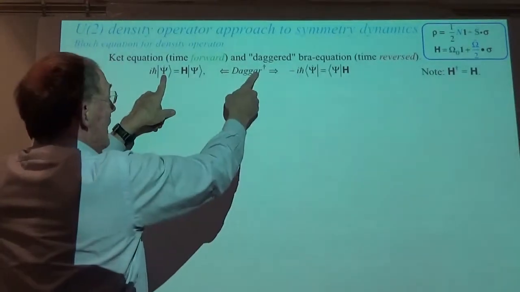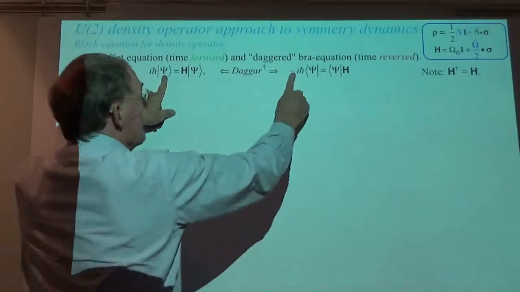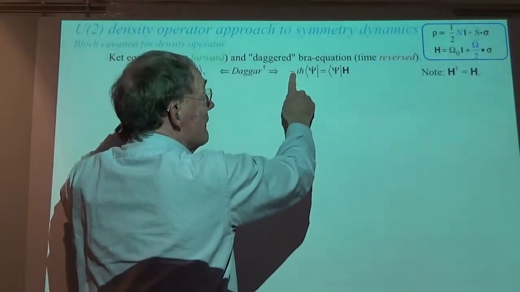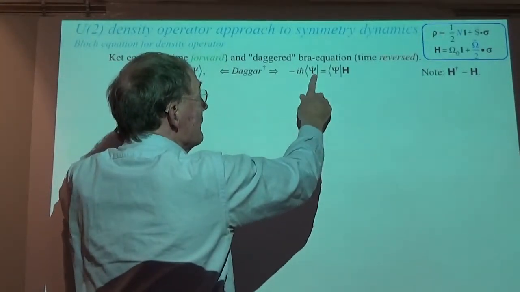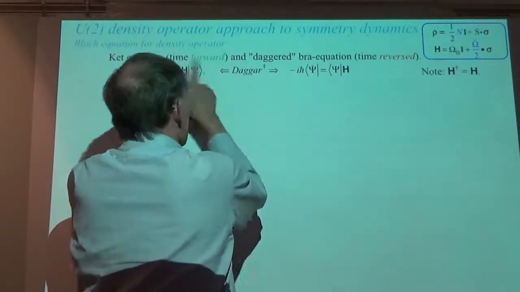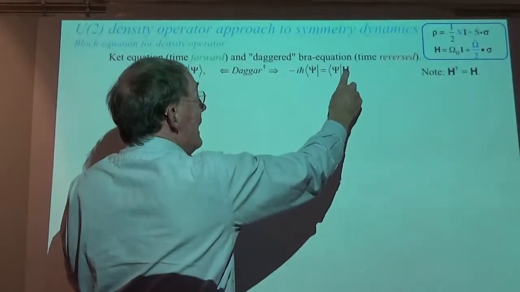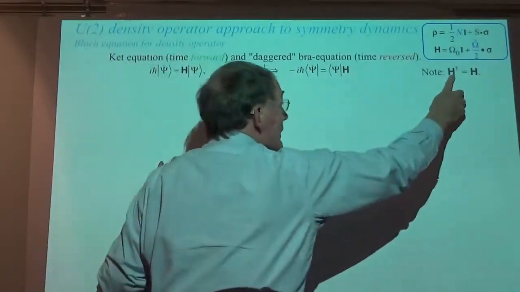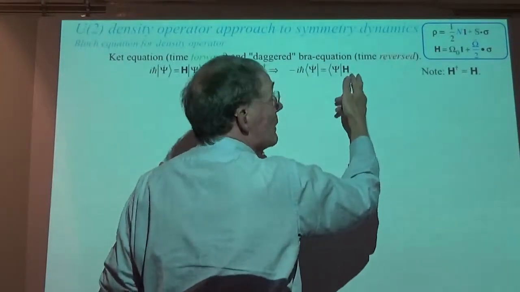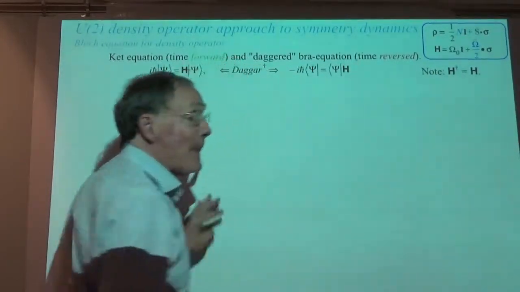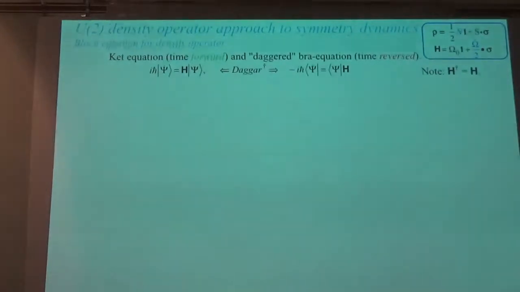And we're going to dagger that. If we dagger it, of course, we got to put a minus sign here. And we got to turn this guy around. Okay? And we got to turn those two guys around. Now, h is already Hermitian, so I don't have to dagger, but if it weren't, I'd have a dagger on there. Okay?